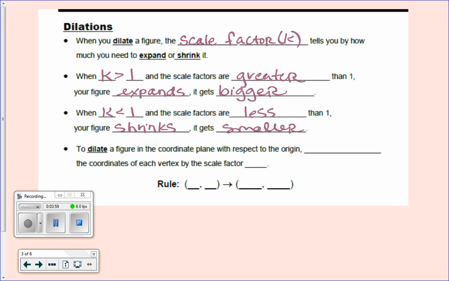To dilate a figure on the coordinate plane with respect to the origin, what operation do we do? What do we do when we use scale factor? What have we been doing the past few days? We multiply, absolutely.